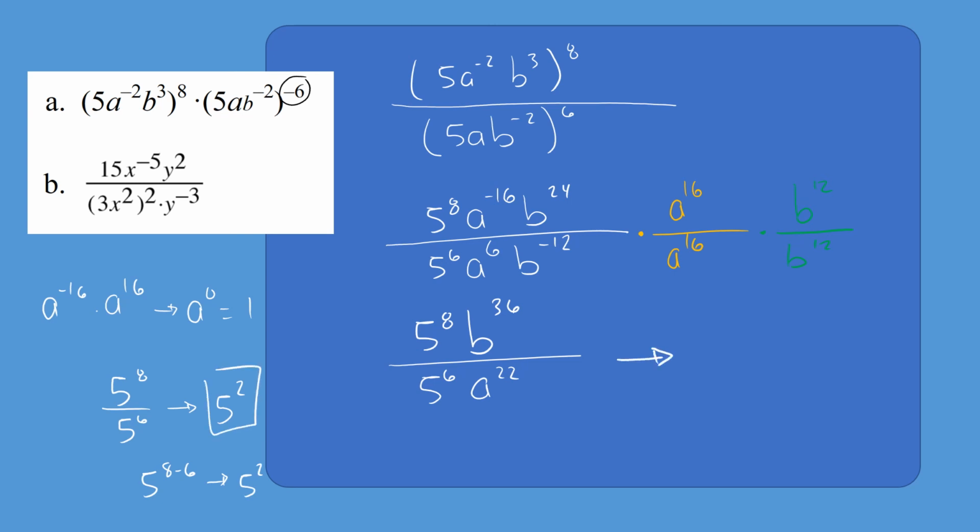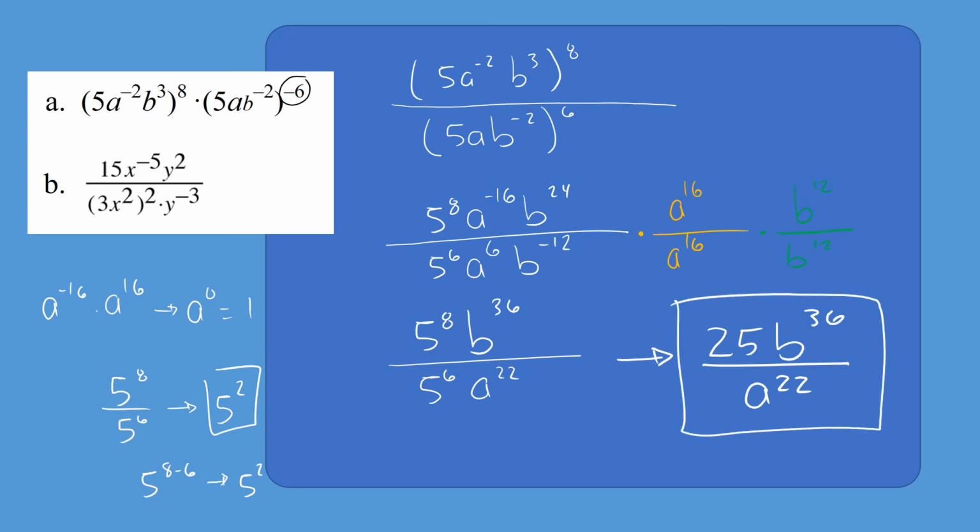So here's the answer. I'm going to write down my final answer: 25 b to the 36th power over a to the 22nd power. Notice there are no negative exponents, and there are no giant ones left over. Everything has been simplified fully. So this would be our final answer.